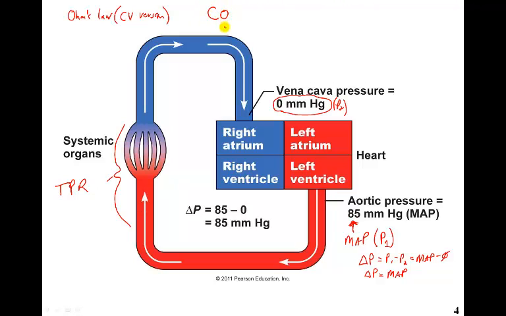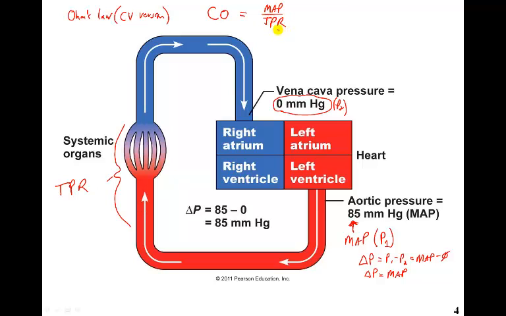So cardiac output is the volume of blood that flows through the cardiovascular system per unit time, usually liters per minute or milliliters per minute. So cardiac output is equal to mean arterial pressure divided by TPR.